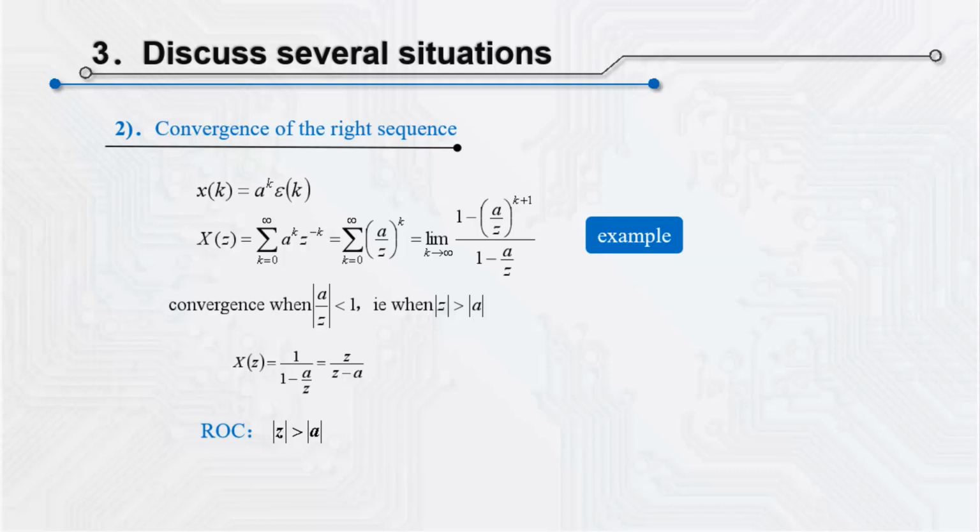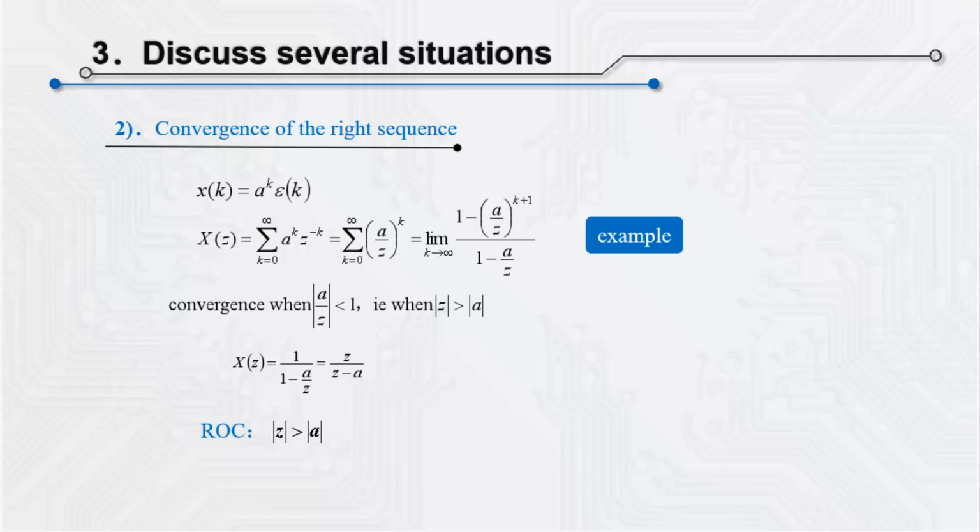Let's look at the second case, convergence of the right sequence. We give a unilateral exponential signal, a form of causal sequence, and analyze its Z transform convergence domain. We substitute it into the definition of the Z transform to solve it.